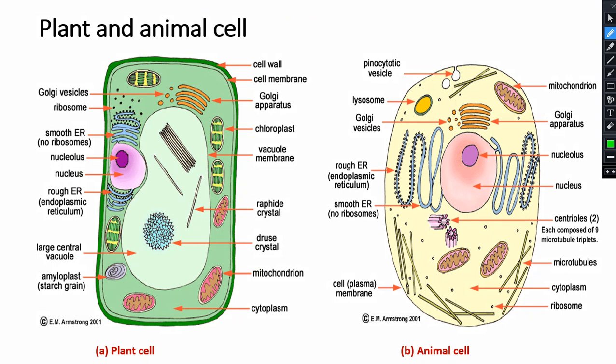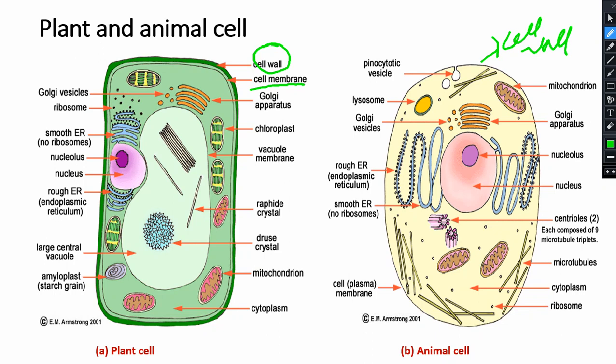In the plant cell, the first component we will study is the cell wall. This green part that you are seeing is the cell wall. Beneath the cell wall is the cell membrane. But if you look at the animal cell, there is no cell wall. Although most of the organelles are the same, there are some differences.